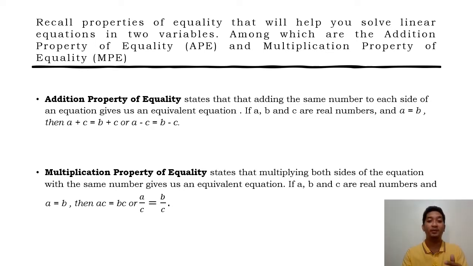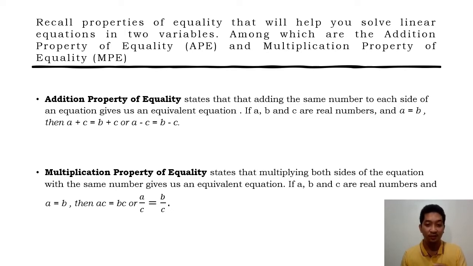These are the addition property of equality and the multiplication property of equality, APE and MPE. Always remember this. The addition property of equality states that adding the same number to each side of the equation gives us an equivalent equation.